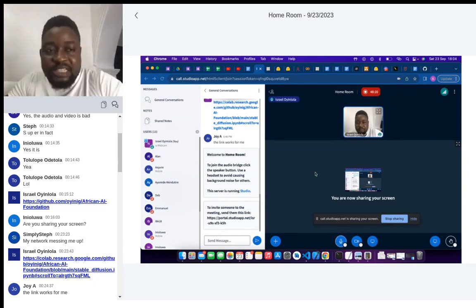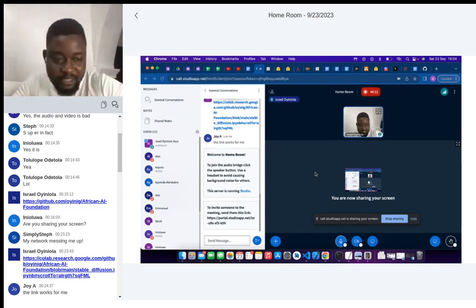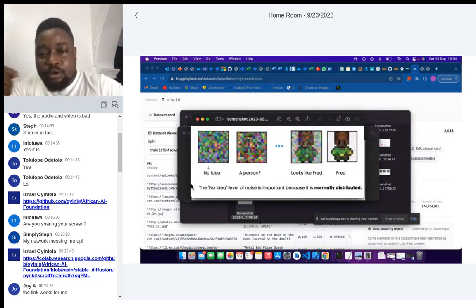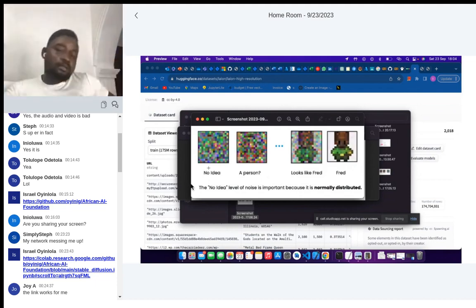So how does it do it? It starts from a pure noise image, and it knows the idea that you're trying to get as a picture.